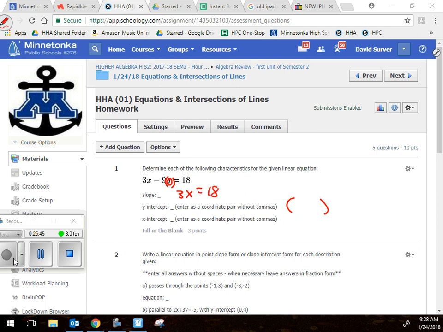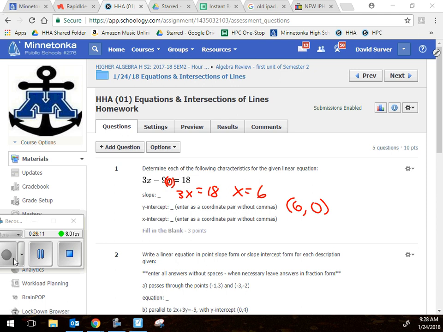What's x got to equal? 6. How do you enter as a coordinate pair without commas? Well, it's x equals 6. That's a coordinate pair without commas. 6, comma 0 is what I would have wanted you to put, except it says without commas. So I'm thinking they mean 6, comma 0.